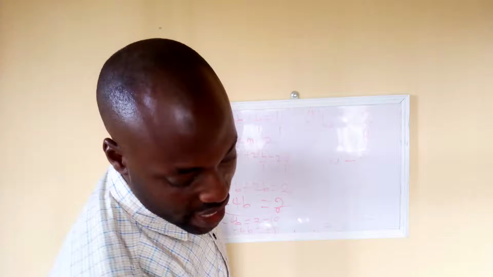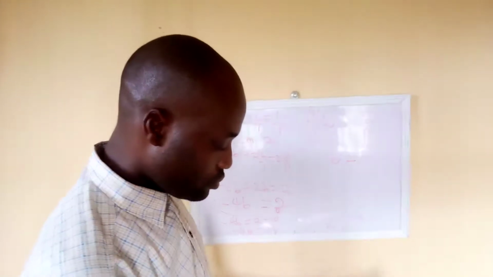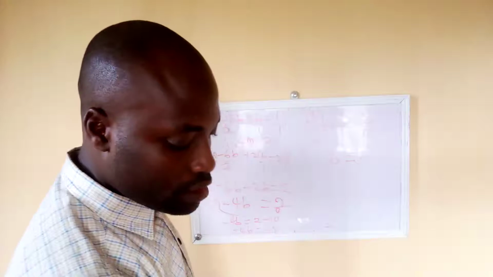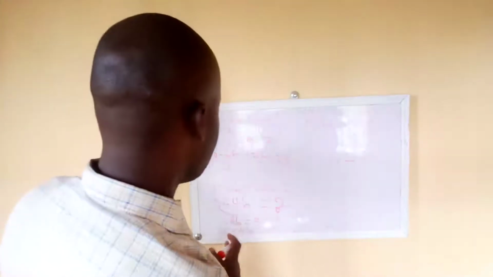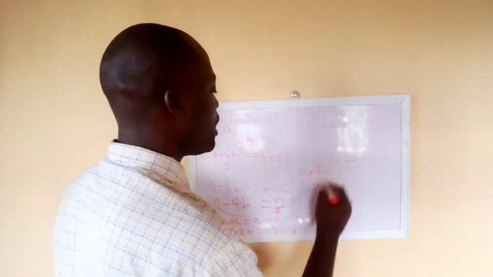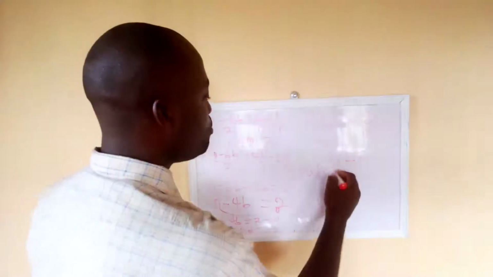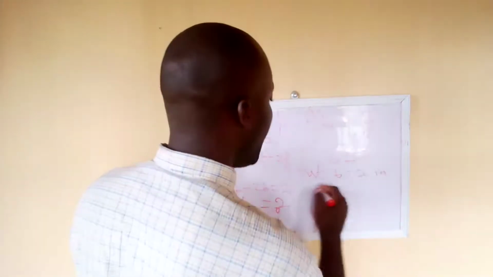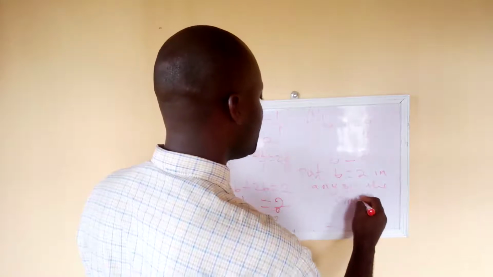So immediately you get b to be equal to 2, the next thing is to look for the value of a. Since we already have b equal to 2, you now say put, and use the word put or substitute, b is equal to 2 in any of the equations. And what do we mean by any of the equations?